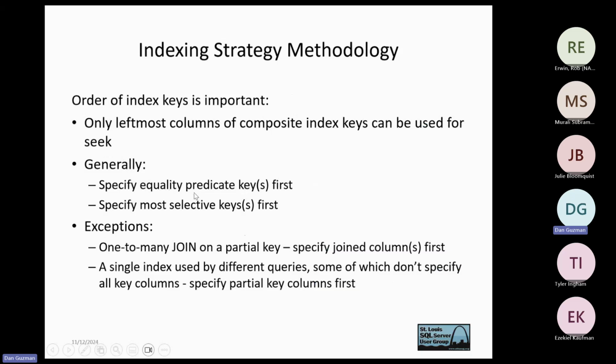Usually you do join on your foreign key columns, so you would specify the equality predicates first on your joins, and also the most selective keys first, in that order.